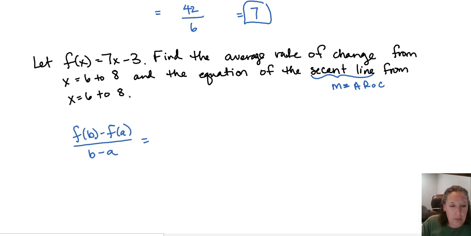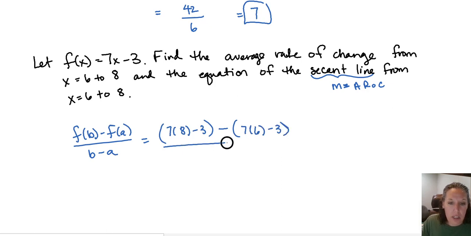So if we plug in 8 there, we're going to get 7 times 8 minus 3. And then if we plug in 6, 7 times 6 minus 3, all over 8 minus 6. Remember, whatever number we're plugging in here is going to match up with the number on the bottom.